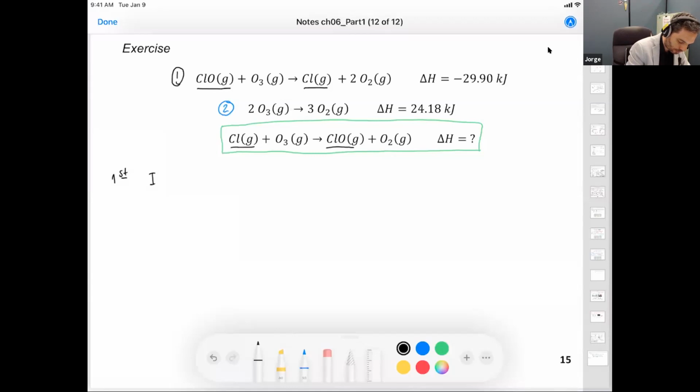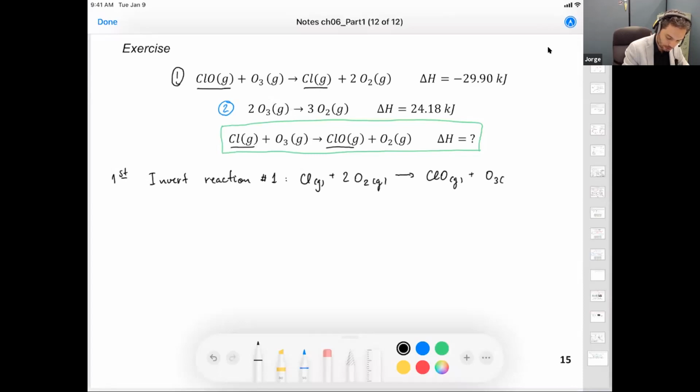So we are going to invert reaction number one. Inverting reaction number one means that now the products are going to be reagents and reagents are going to be products. So it's going to be chlorine gas plus 2 O2 gas producing ClO gas plus ozone gas.